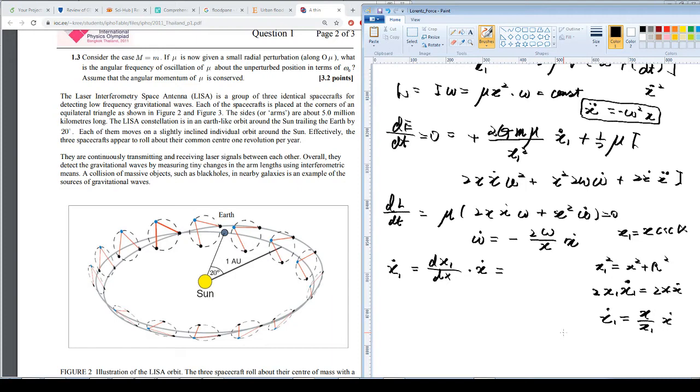So now we have every element. So we put all the elements back into the energy derivative.